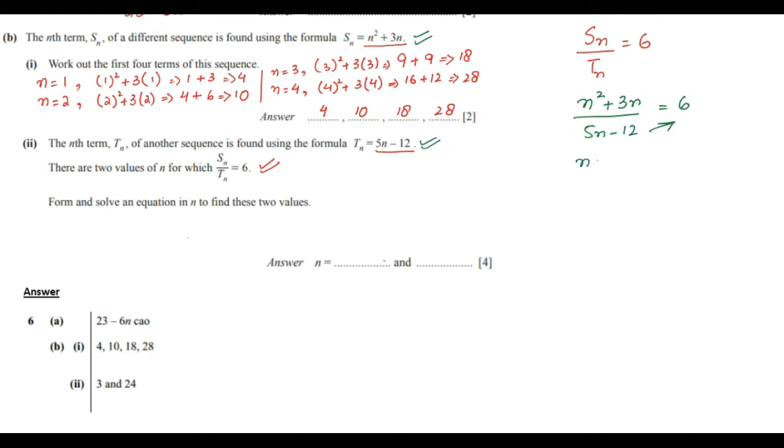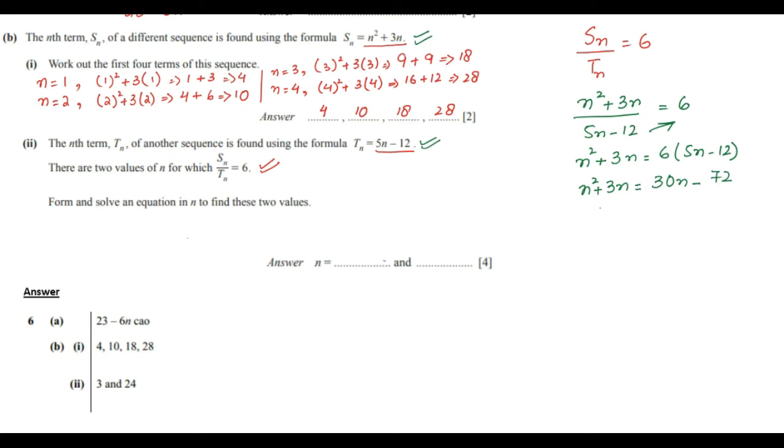So n square plus 3n is equal to 6 multiplied by (5n minus 12). Now when we multiply 5n minus 12 by 6, n square plus 3n is equal to 30n minus 72, since 12 multiplied by 6 is 72. Here, as you have a calculator, you can also simplify this with the help of the calculator.